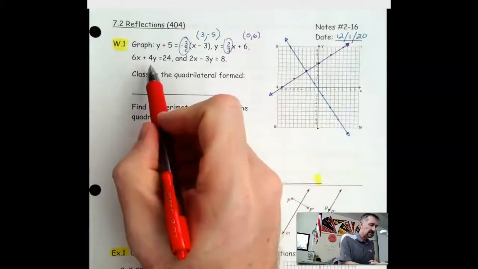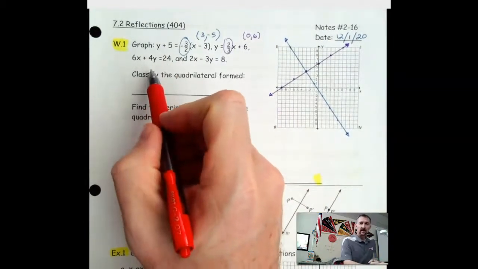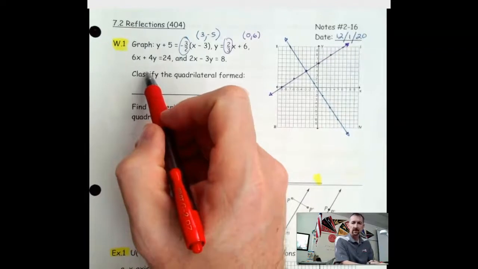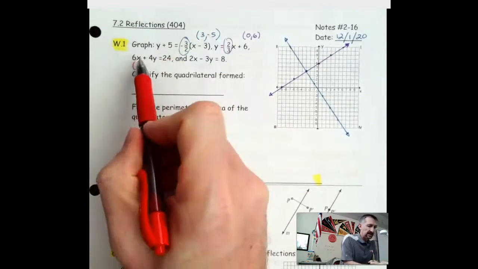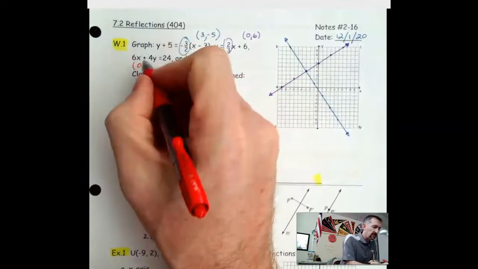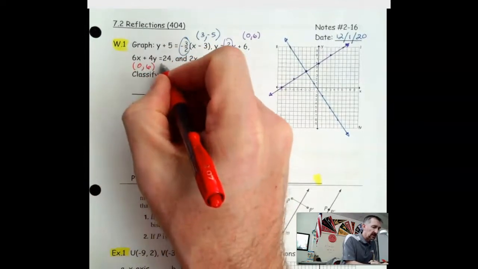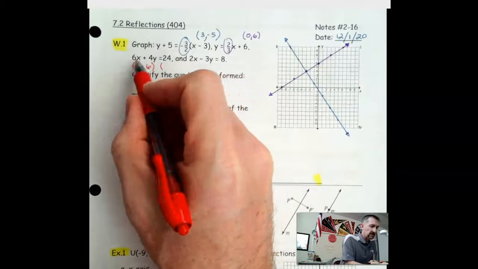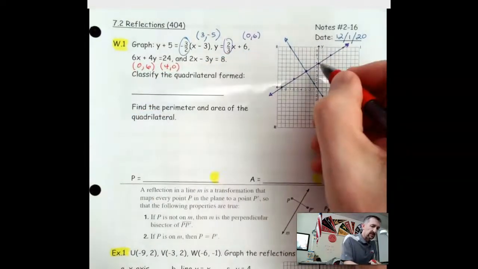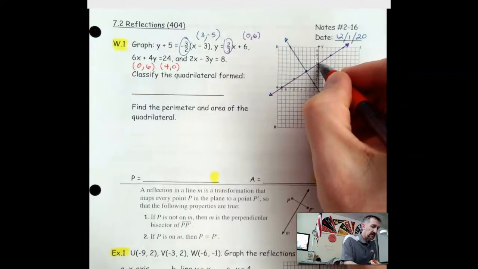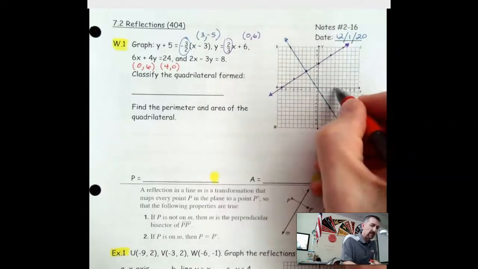All right, this next one is in standard form. And standard form is when we let x equal 0. And if we let x equal 0, then we divide by 4 and y equals 6. Or we let y equal 0 and divide and x equals 4. So 0, 6 is right there, and 4, 0 is right here.